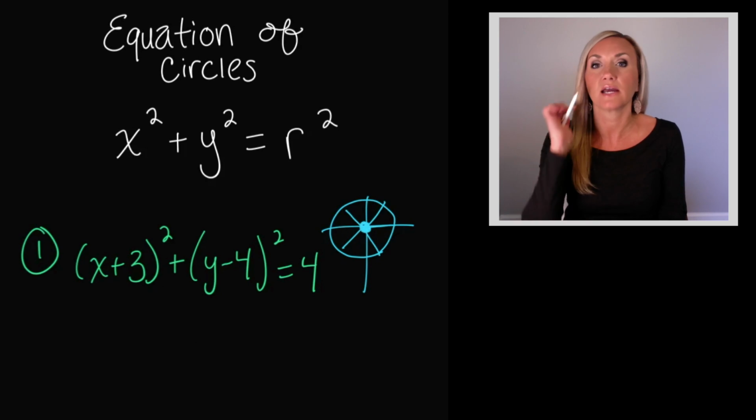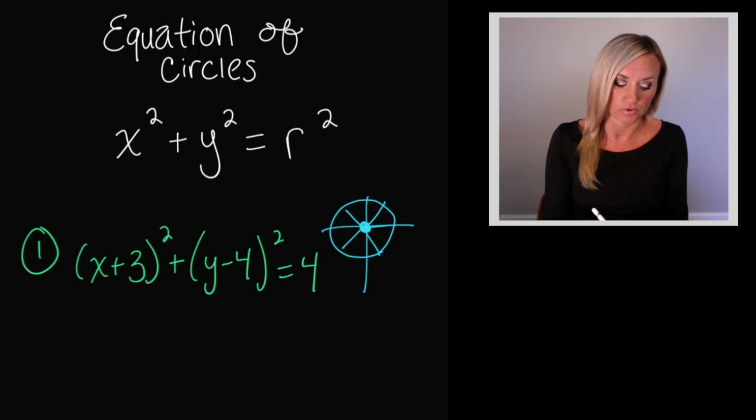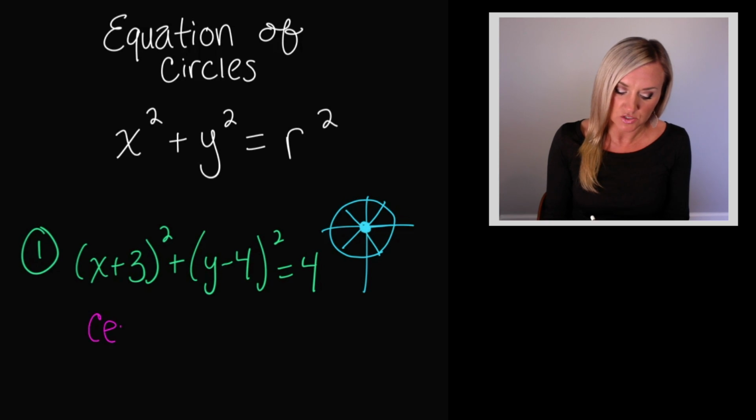Now I know that's kind of opposite. You see the addition sign and you think that it should be going forward 3, but it's actually the opposite. The circle is going to be moving back 3. So what's really helpful is to write down the center of the circle. Center equals.